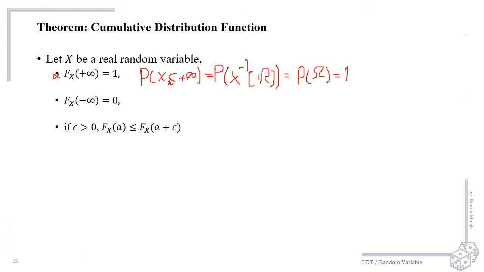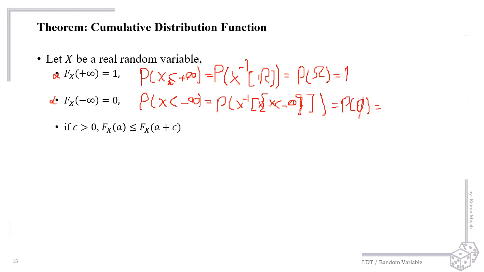The CDF at minus infinity is 0. We have the probability that X is less than minus infinity, which means the preimage of this set, and this is the probability of the empty set, and this is 0.